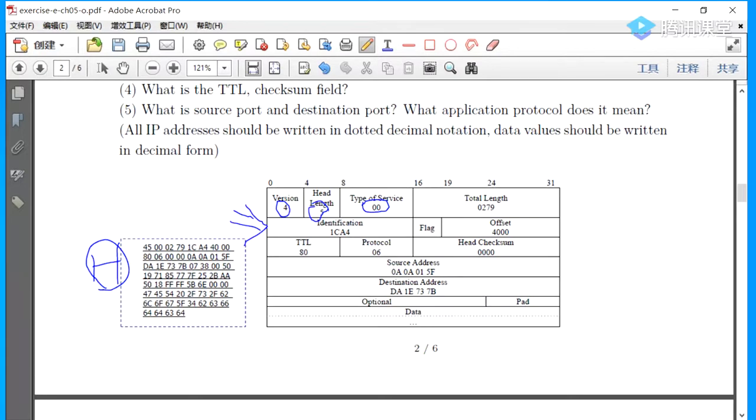Each character occupies 4 bits, so 2 characters occupy 8 bits. So we fill into each blank of the IP packet and we can determine the value of each field of the IP packet.